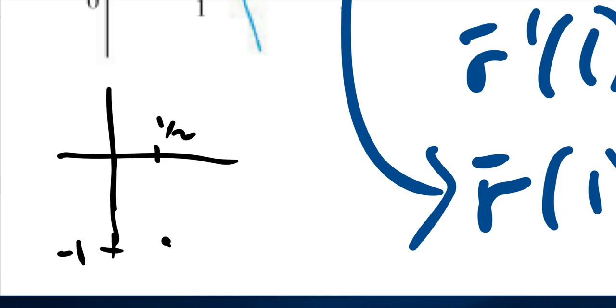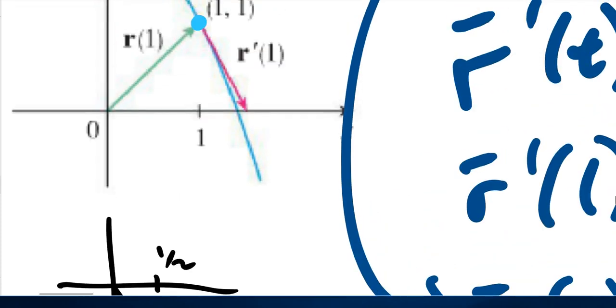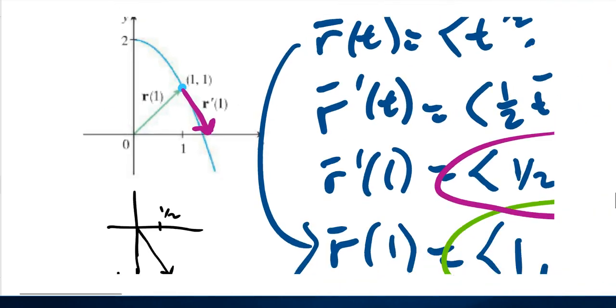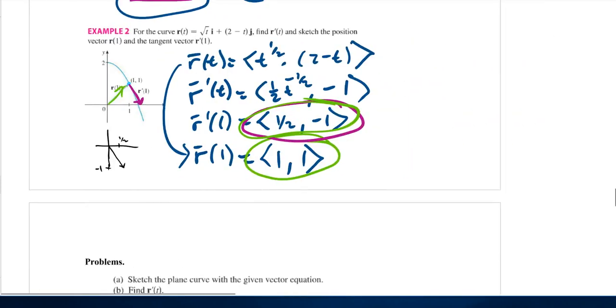That would be this vector here, probably not to scale. So it's a vector that looks like this, something like that. And that's what they've drawn here in purple. That's that one right there. Okay, and that's how you do it. So you have your position vector in green here, and then you have your tangent vector moving down.